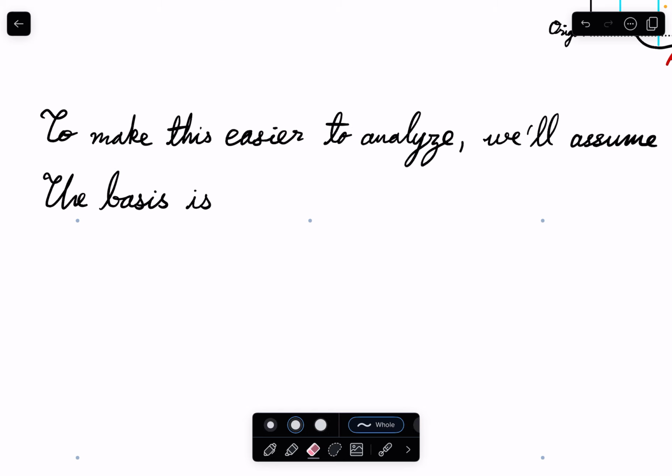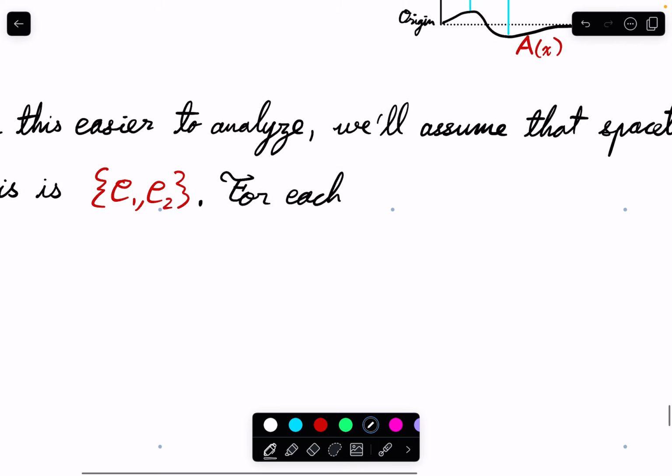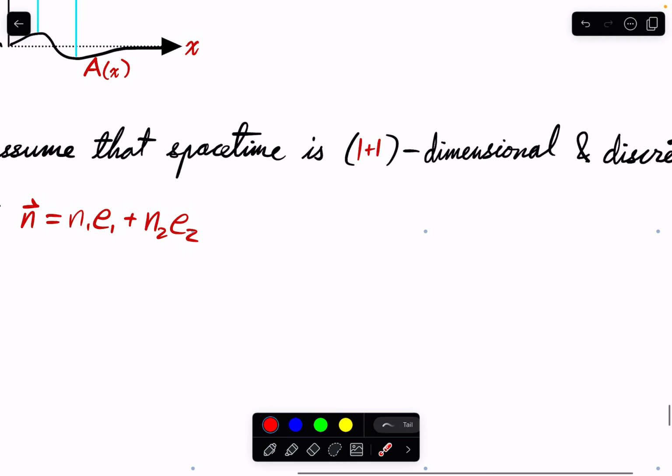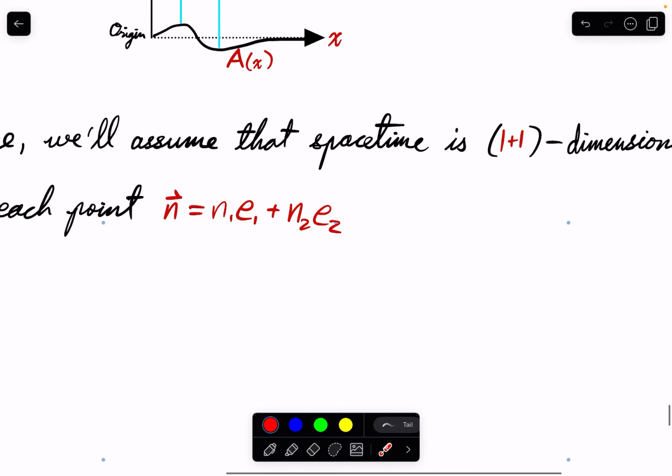So I would rather say it this way. E1, E2. So this is the basis for each point n, which has some component in each direction. But remember that because we're considering a discrete spacetime, n1 and n2 take integer values.